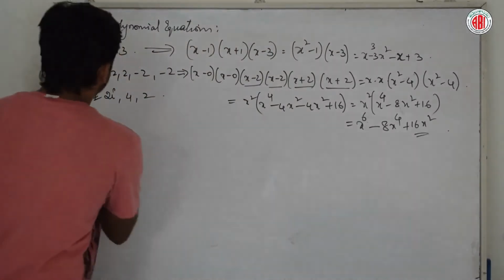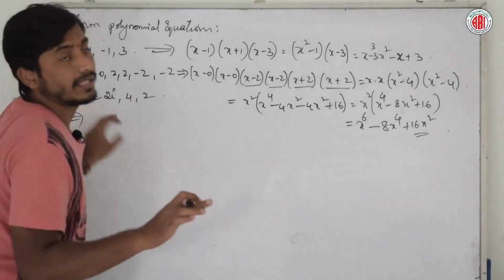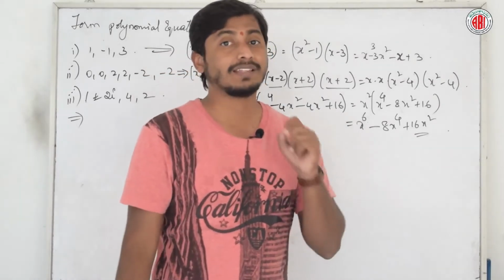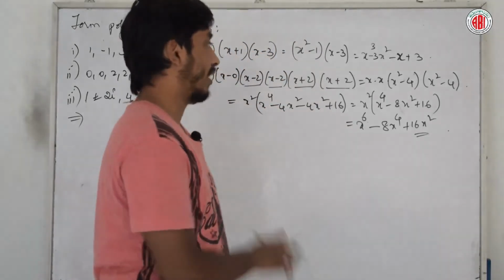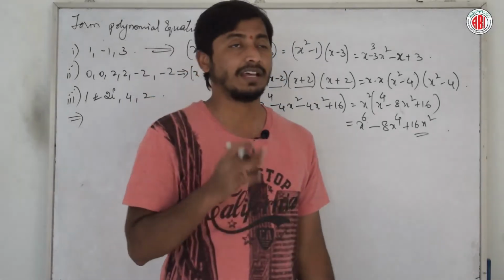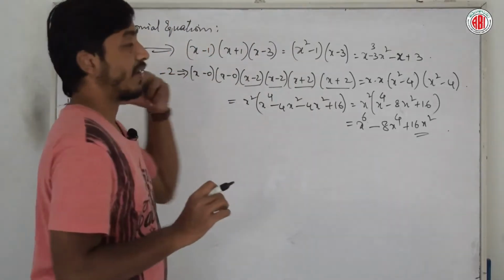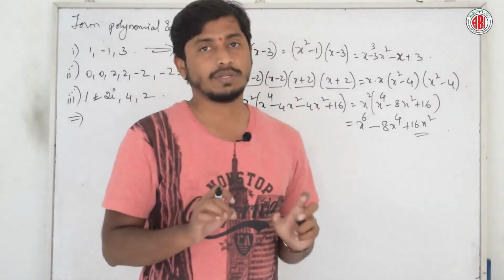What are the factors here? 1 plus 2i and 1 minus 2i. See here, this is the first question with which we are going to form a polynomial with complex roots. Till now, whatever things we studied in our 10th or inter, we just used the real part of a number. We have solved only real number equations.